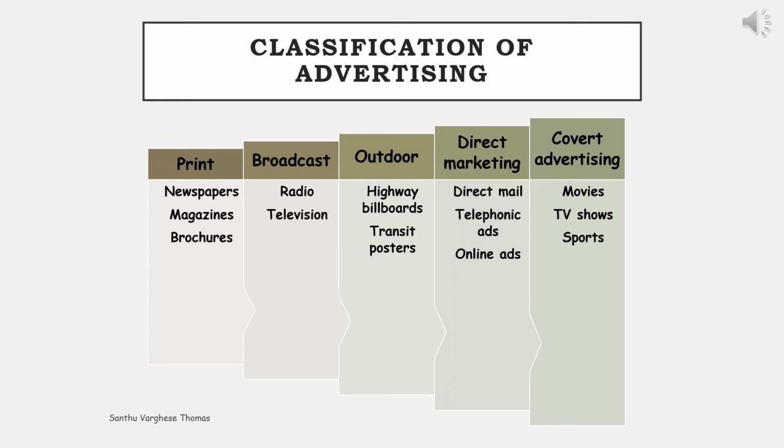When we see the brand name over there, that brand name reaches the mind of the consumers. Such techniques are known as covert advertising. In some movies and TV shows, they are specifying some product names. Such advertising techniques are followed in TV shows also.